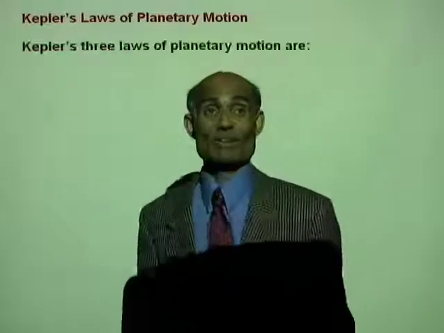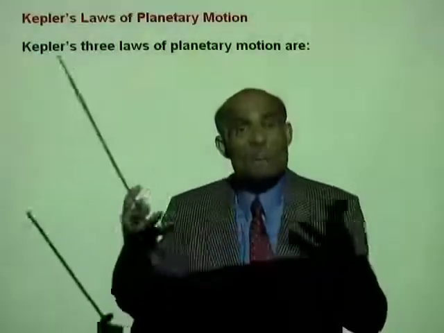Now, originally it was the thinking that the planets moved around the sun in circular orbit. But it was Kepler who first came in and said, no, planets don't move around the sun in circular orbit. Their orbits are elliptical.